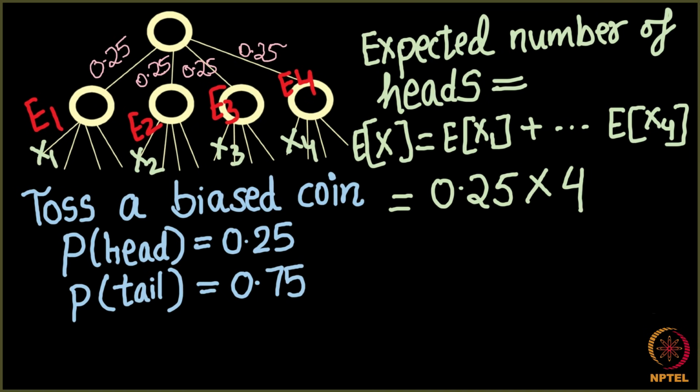I'm going quite quickly because it is similar to what we have done previously. You can pause the video here and see what is actually happening. So we get 0.25 into 4, which is nothing but 1. So the expected number of heads here is 1, which means that if this node infects each of these nodes with a probability of 0.25, on an expectation, on an average, it will infect one of its children.